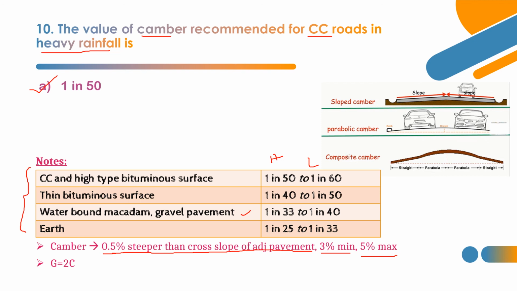Why maximum value? Because if it is more than 5%, then toppling of vehicle may occur. So to avoid toppling of vehicles like lorries and truckloads, camber shall be up to 5%, not more than that. So 3 to 5% we have to adopt for camber.